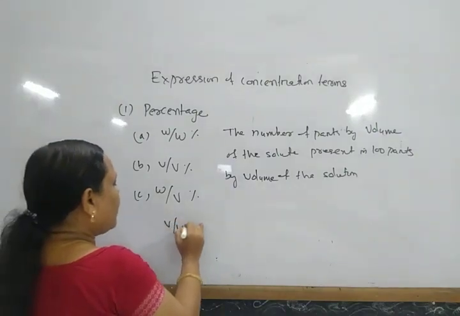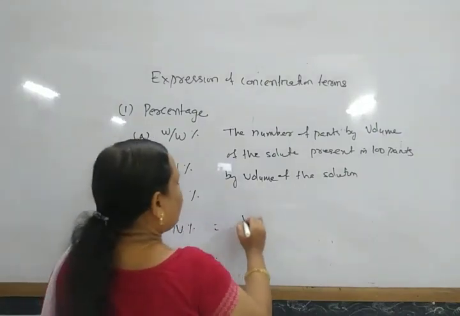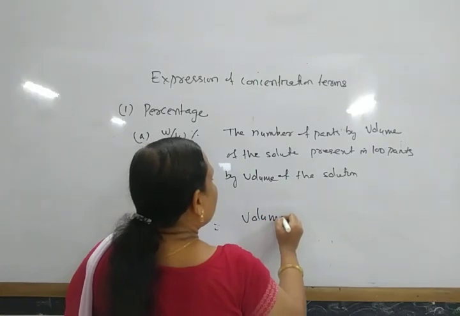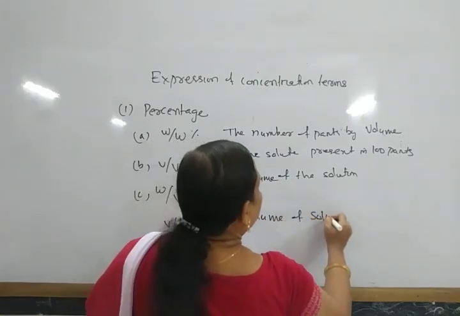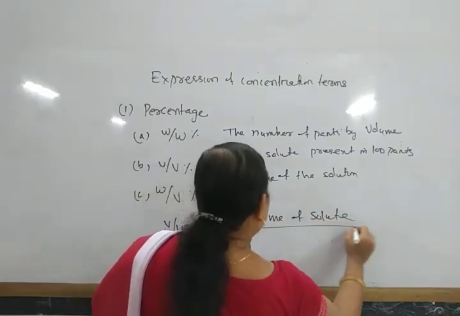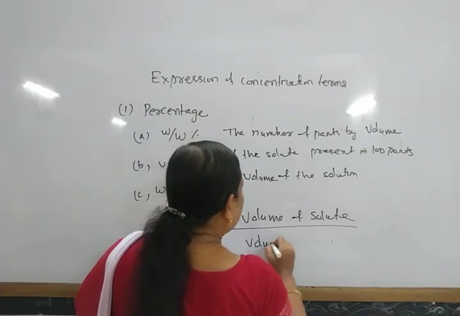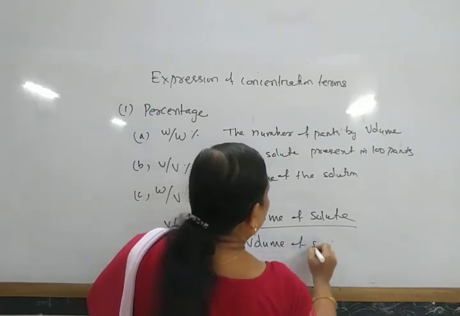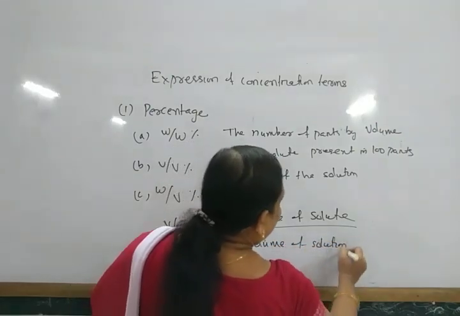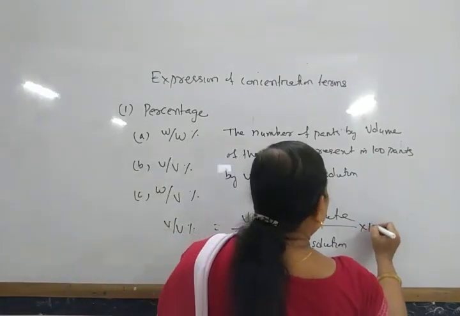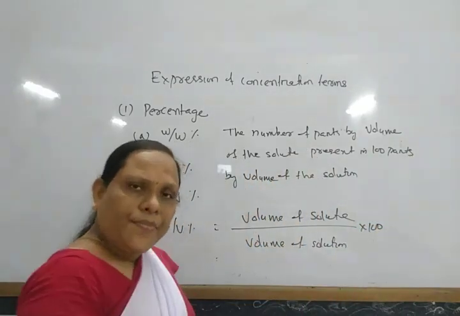V by V percentage equals volume of solute divided by volume of solution, into 100.